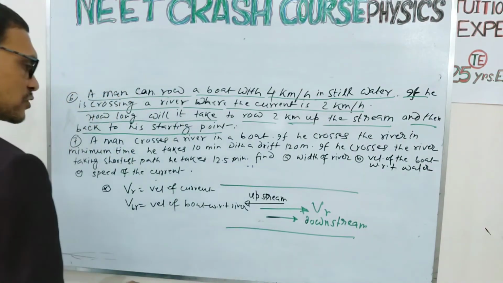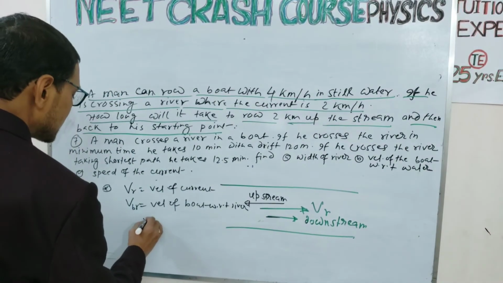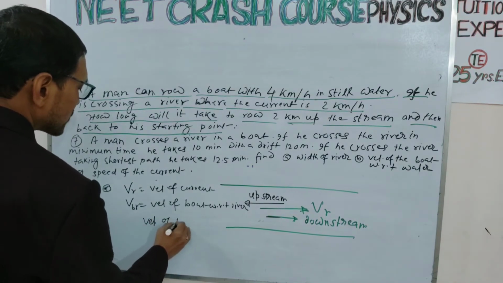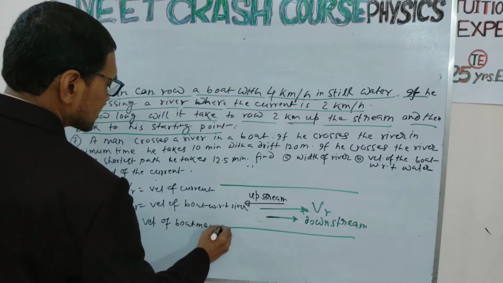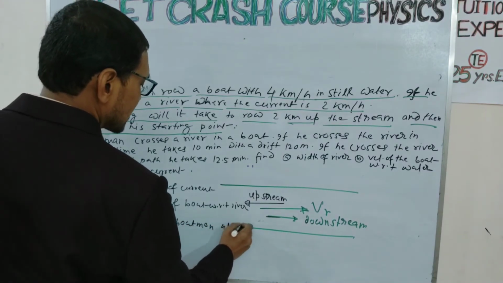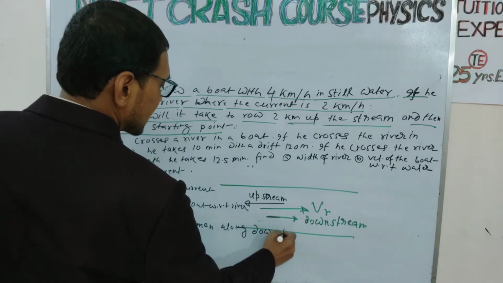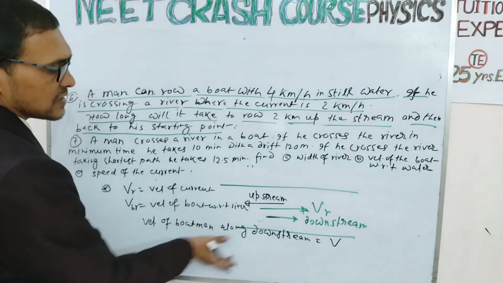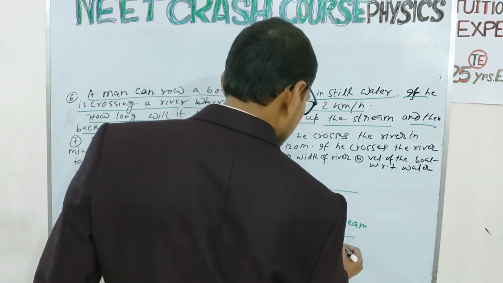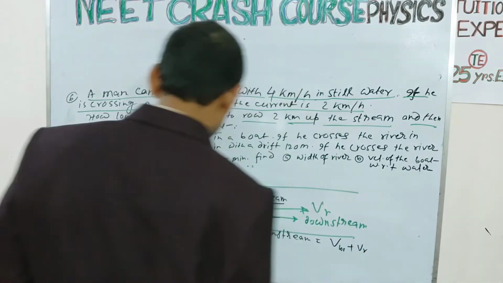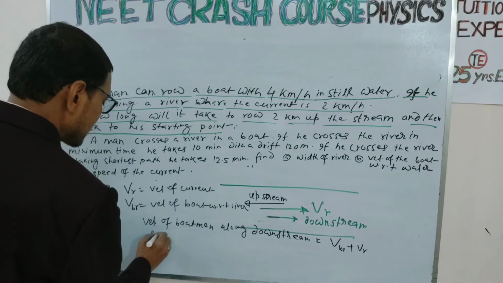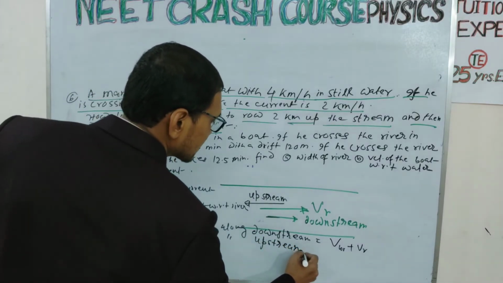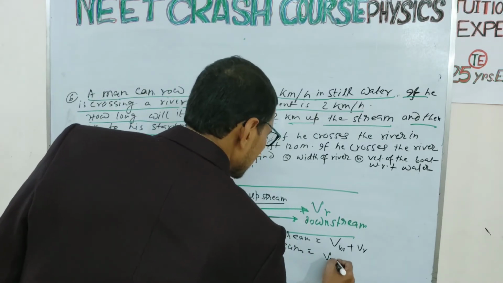Then the effective velocity of boatman along downstream will be just added, if the two velocities are directed in the same direction, so effective velocity will be VBR plus VR, and velocity of boatman along upstream will be VBR minus VR.